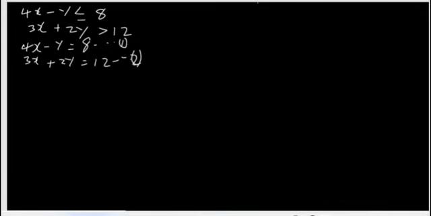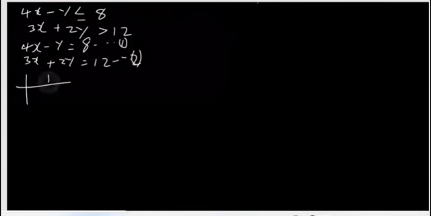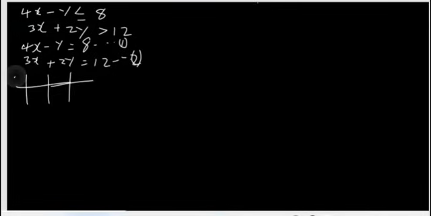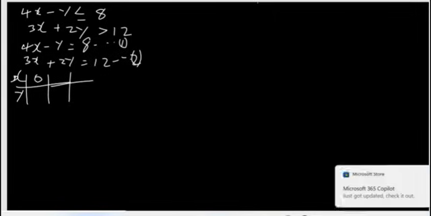So for equation 1, we can form a simple table where I will have the value of x and a corresponding value of y. So if I make x 0, what will be y? And if I make y 0, what will be x?